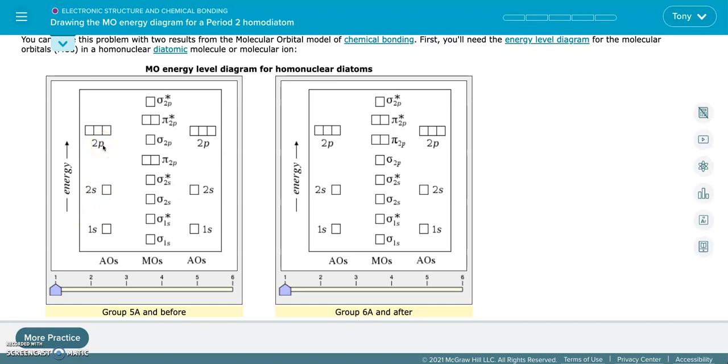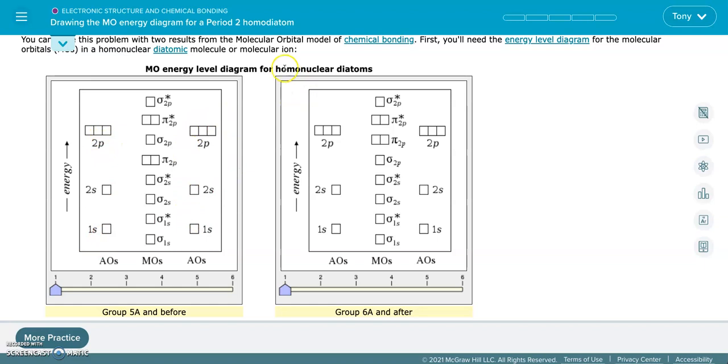Hopefully at this stage we're all pretty familiar with electron configurations. So if you had a carbon atom, carbon has 6 electrons, then we would fill those in our atomic orbital diagram by putting in the electrons here, 2, 2, 2, to fill in our atomic orbital electron configuration. So that's what this represents over here.